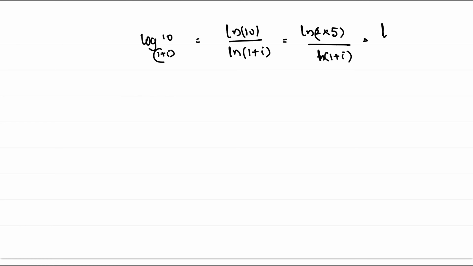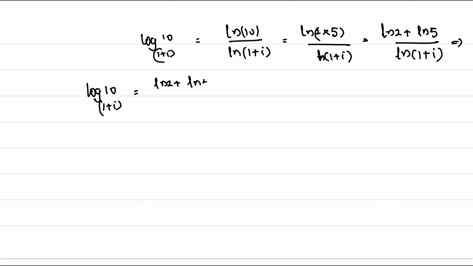That is equal to ln 2 plus ln 5, whole divided by ln 1 plus i in simple terms. That means log 10 to the base 1 plus i is equal to ln 2 plus ln 5, whole divided by ln 1 plus i.